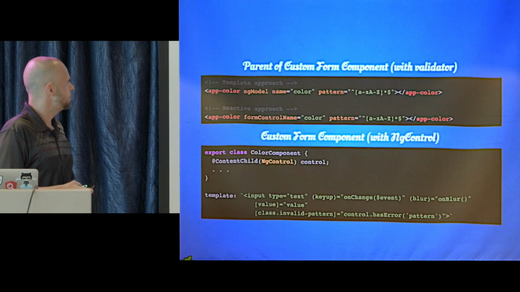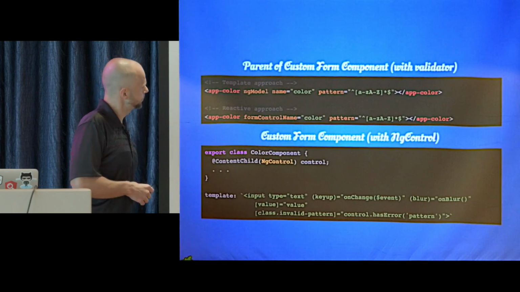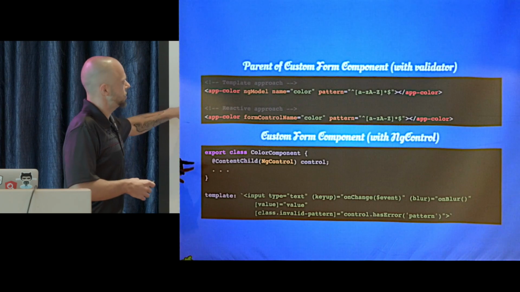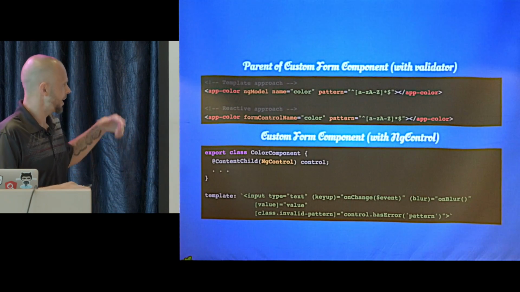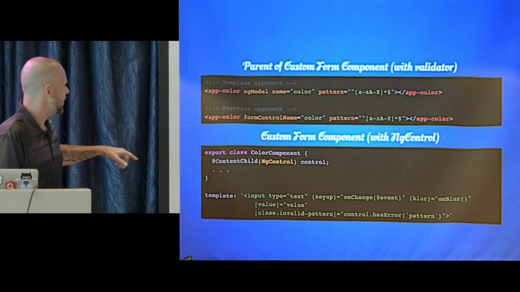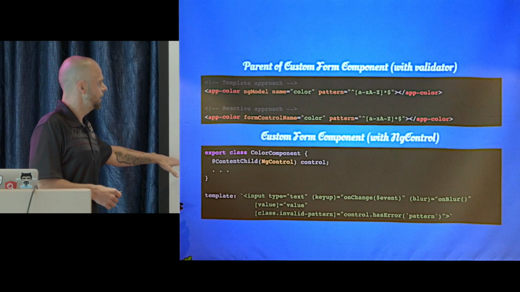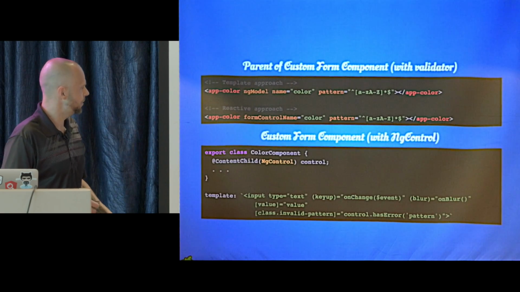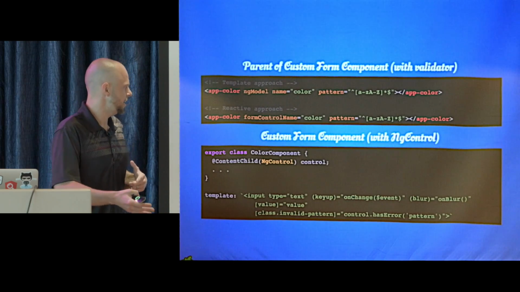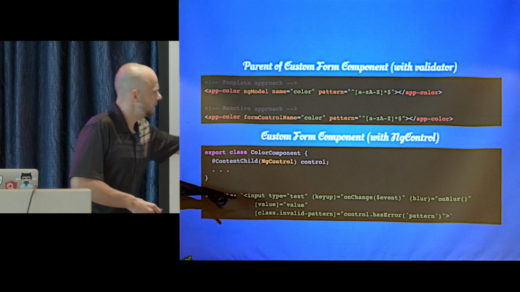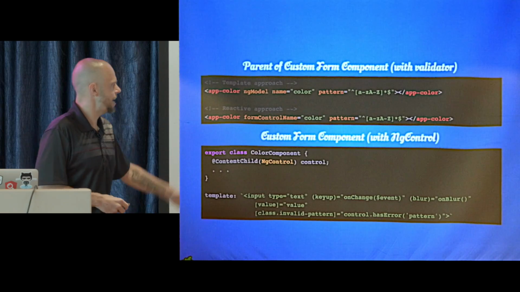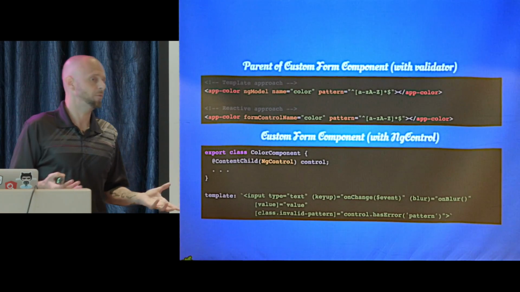And we could even put validators on there, and those are going to work. And we could use content child to query for an ng control on that custom form component. And then in the template of that custom form component, can use that control class field to check validity of things and make display decisions, like check for the has error off of that. And this is going to work for both template and reactive.